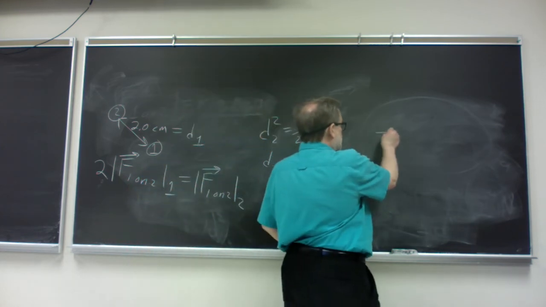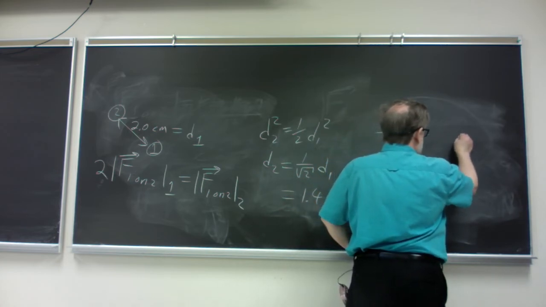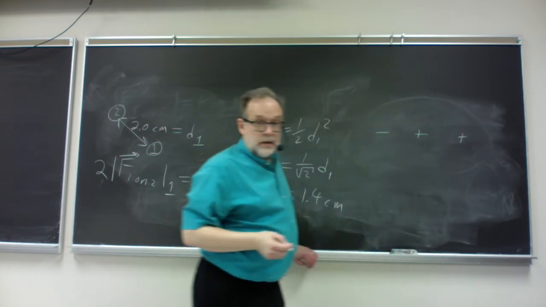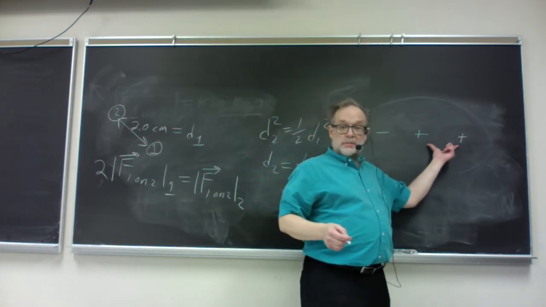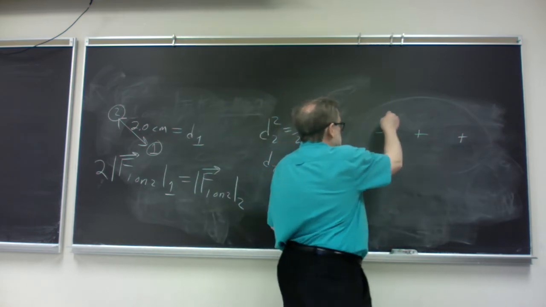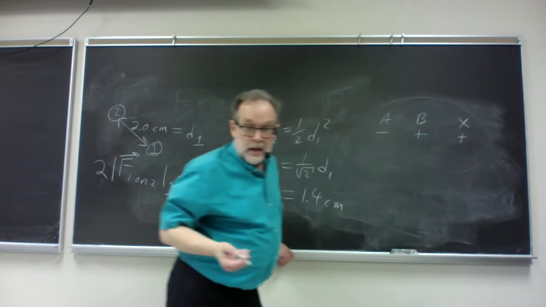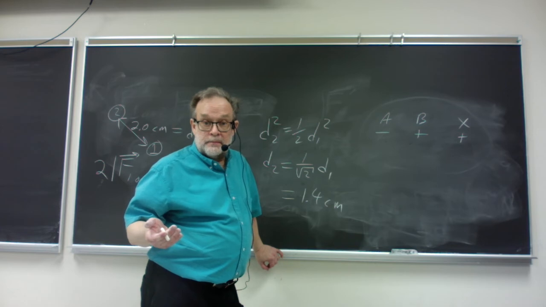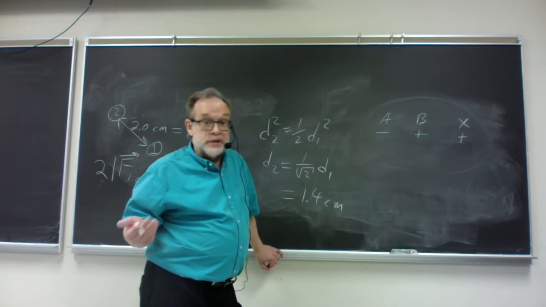So here's a negative charge, and a positive charge, and another positive charge. And this distance between these charges is the same as the distance between these charges. I'll call these charges A, B, and X. And we'd like to see what we can figure out regarding the net force on X.